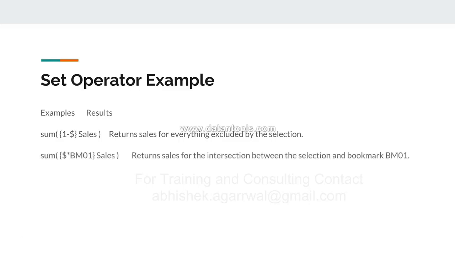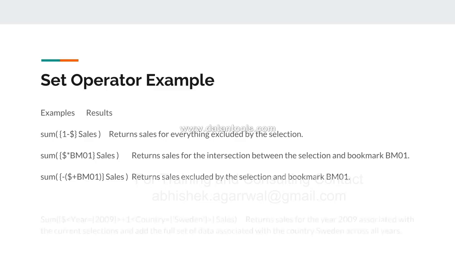Then you have $ star BM01. It will return the sales for the intersection between the selection and bookmark 01. Then you have the exclusion operator, which is minus. It returns the sales excluded by selection and bookmark 01. So everything you select as well as the bookmark, it will exclude those sales.